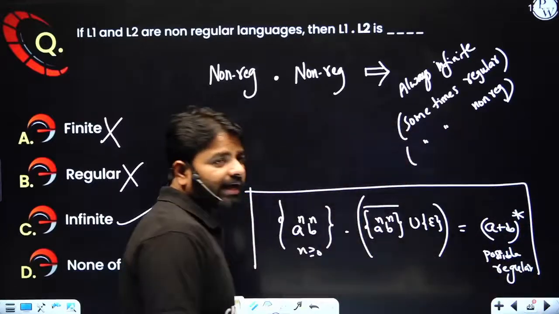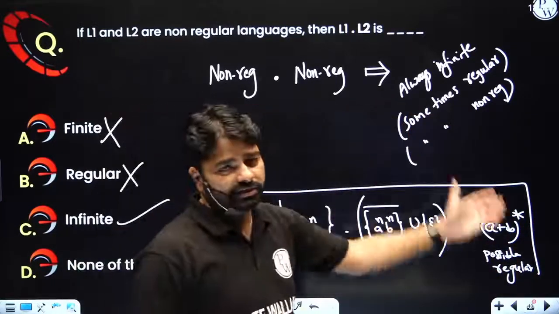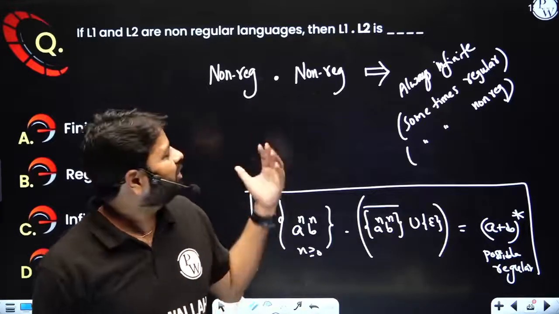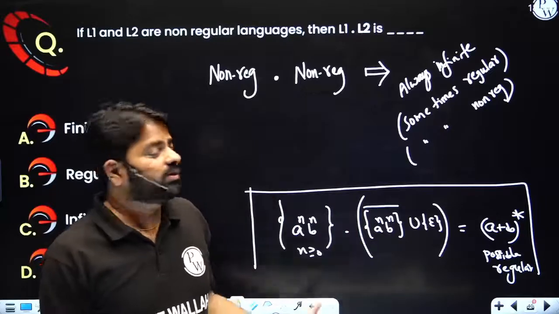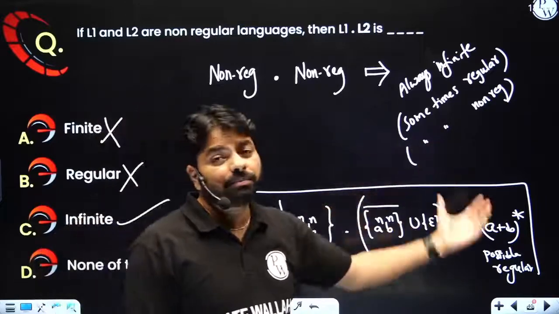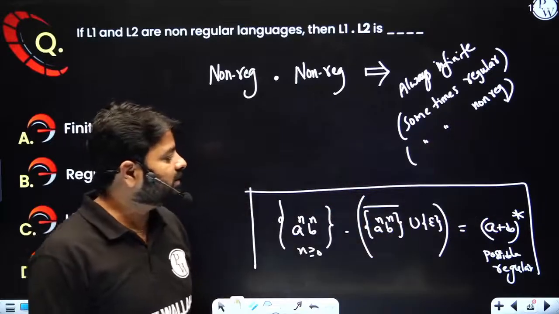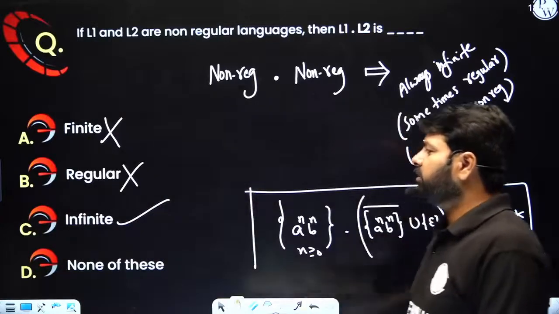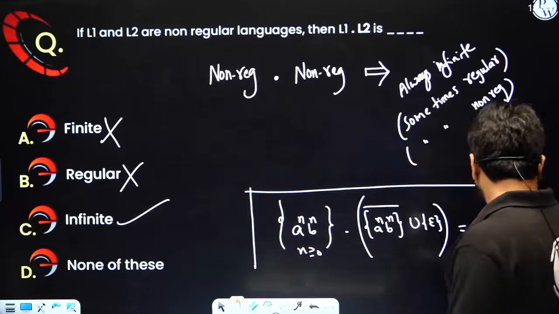So you should be very careful about this kind of question. Non-regular concatenated with another non-regular, the result may be regular. In the exam you may face this kind of question, so be ready.